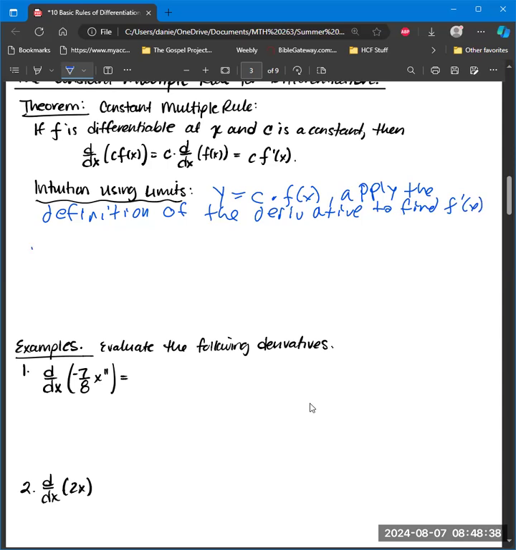So we'll just say y prime is equal to the limit as h goes to 0 of f of x plus h minus f of x divided by h.